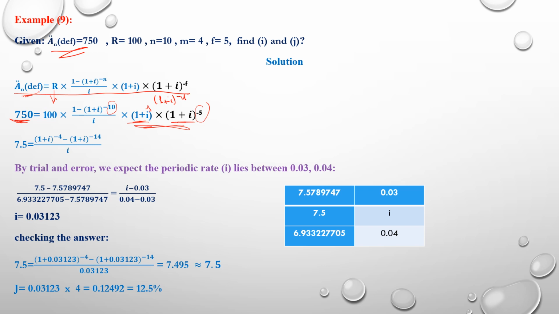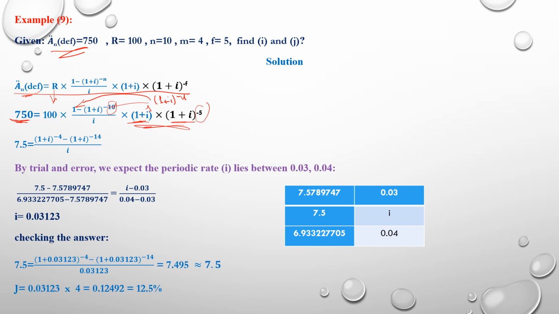By multiplying this quantity by 1, we get (1 plus i) to the power of minus 4, and (1 plus i) to the power of minus 4 times (1 plus i) to the power of minus 10. Again, same base, so we would add the powers, so it will be minus 14 over i.